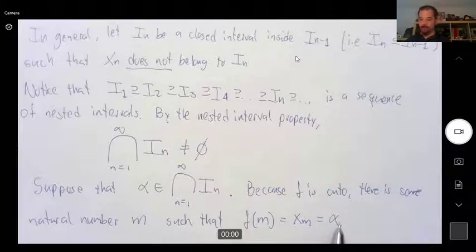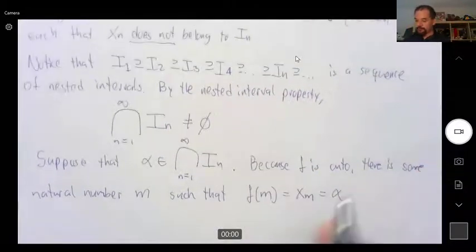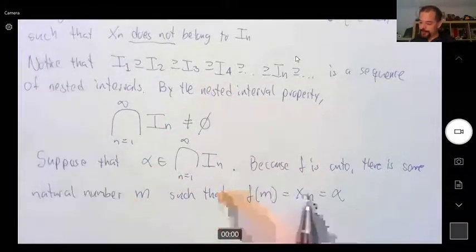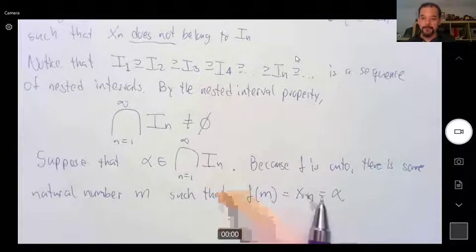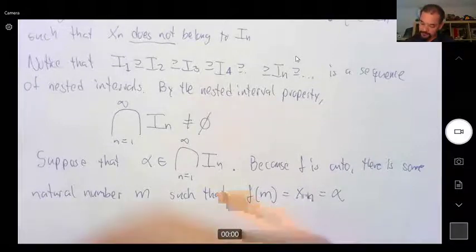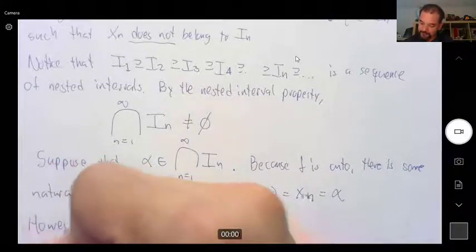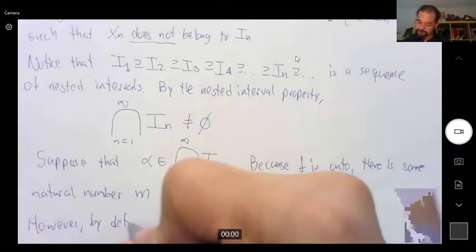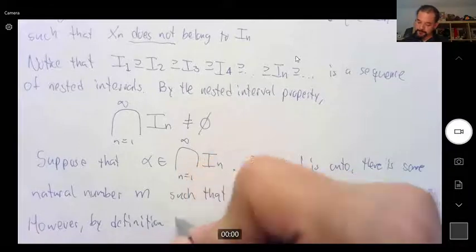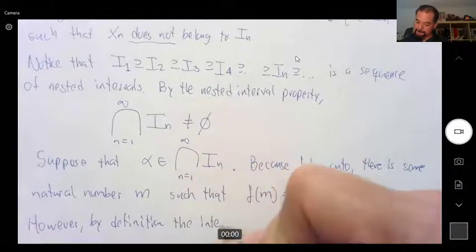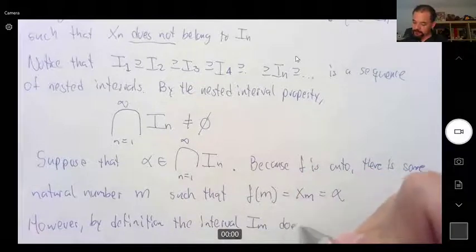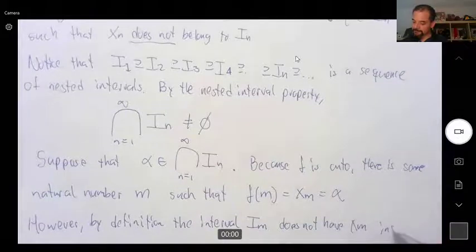All right? Okay, but then when we go to our definition of our intervals, what happens when we get to the mth interval, right? So I'm going to write that here. However, by definition, the interval Im does not have xm inside.